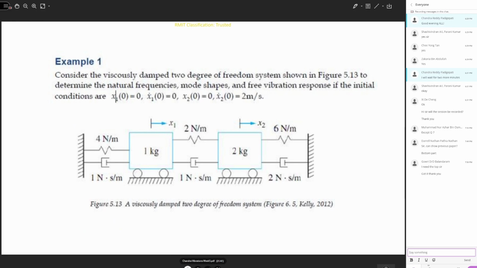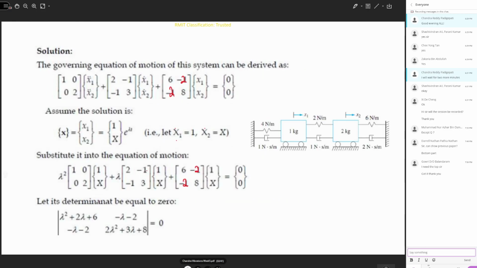So you are given the initial conditions, and then you got the system here. So in our case, we straight away got the equations. So this one we could get from the given data.